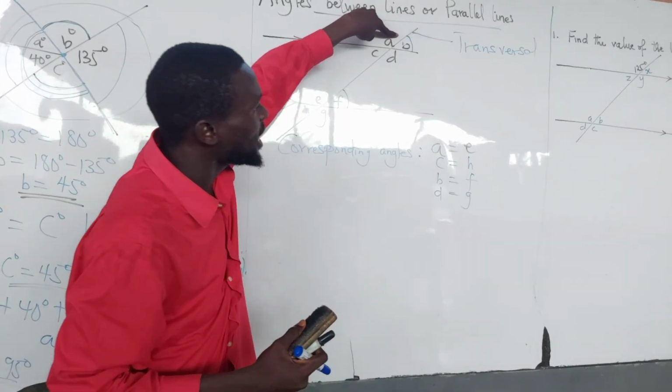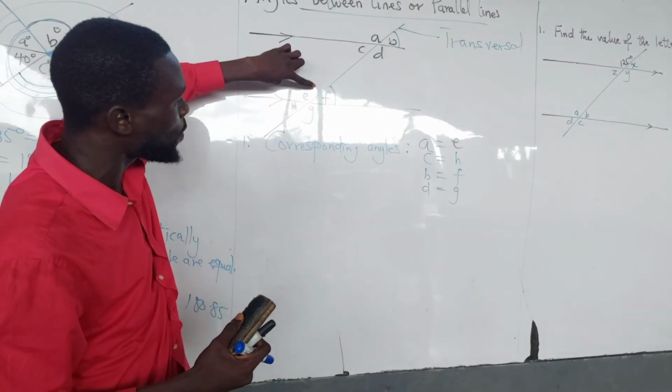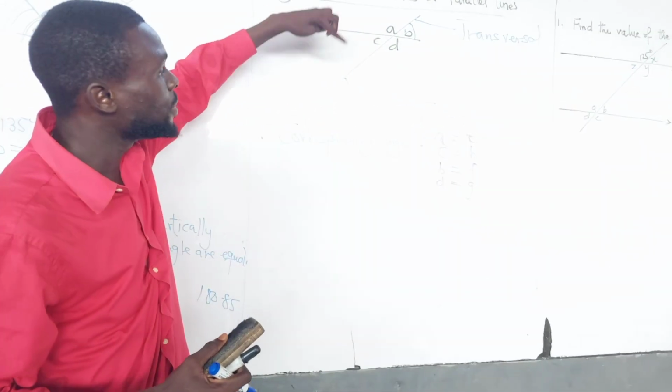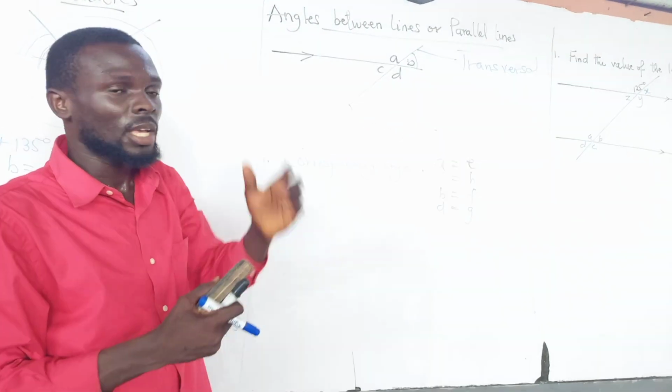So if A is 20 degrees, then this 20 degrees also corresponds to the E, meaning the E is also 20 degrees because these two angles are corresponding.